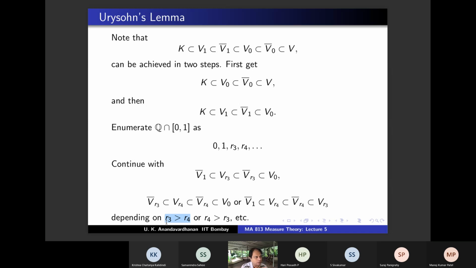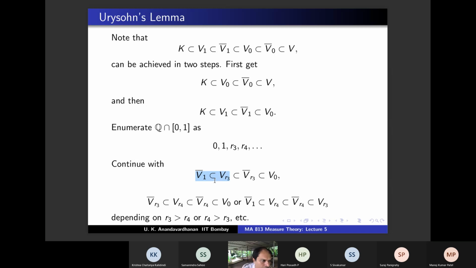If r5 is bigger than r3, you have to sandwich r5 between two rational numbers. What are the numbers that you will consider? You can consider 1 is bigger than r5 is bigger than r3, and then you take this V1 bar contained in V_r3 and choose V_r5 inside this by that lemma.